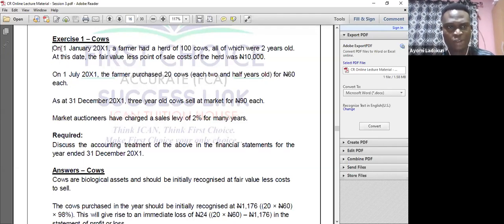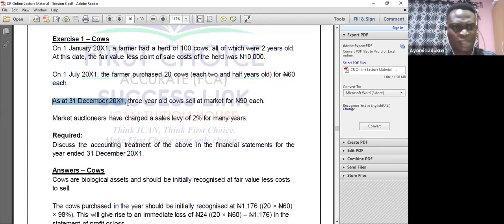On 1st January 20x1, a farmer had a herd of 100 cows, all of which were 2 years old. At this date, the fair value less point of sale cost of the herd was 10,000 naira. On 1st July 2021, the farmer purchased 20 cows, each 2.5 years old, for 60 naira each.